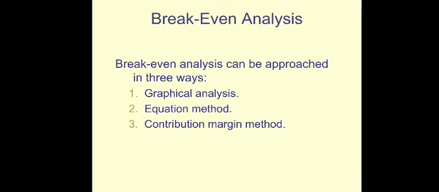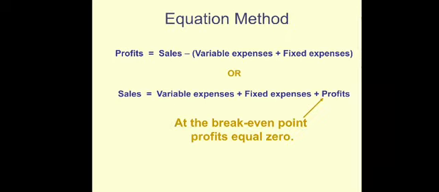So the second method that can be used to calculate the break-even point is called the equation method. We focus on the second method and later the third method. To calculate the break-even point using the equation method, you use this formula. The basic equation is that the break-even point is a point where total revenue or total sales equals total cost.